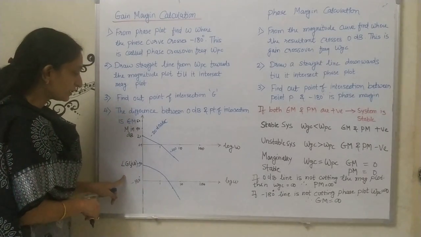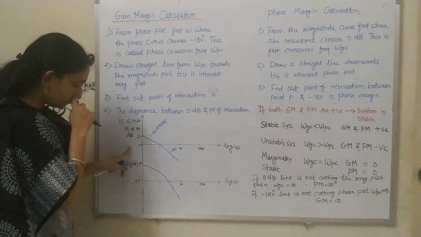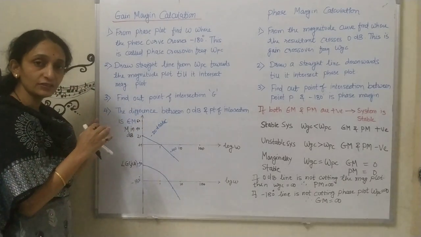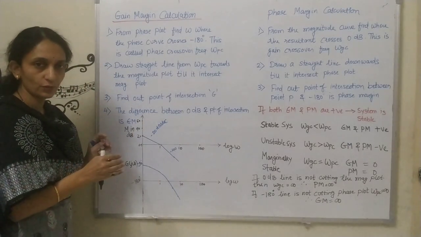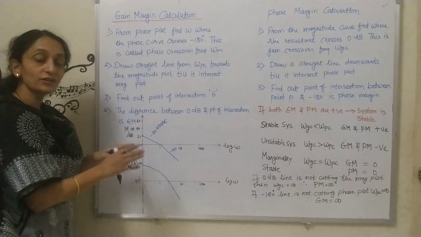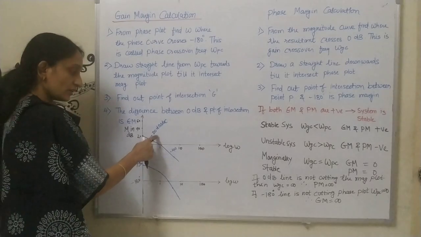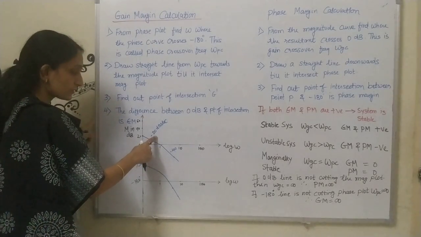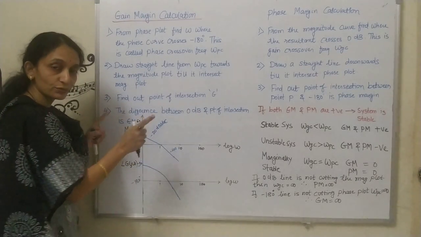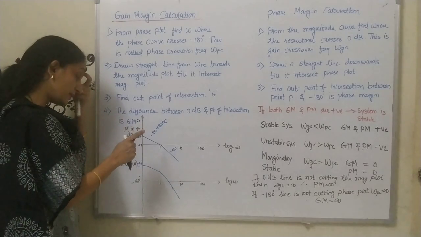Now the important thing is that you need to draw the line with proper slope. The magnitude plot is nothing but a line with slope. I have shown this with a line of slope minus 20 dB per decade. You know how to draw a line of slope minus 20 dB per decade.